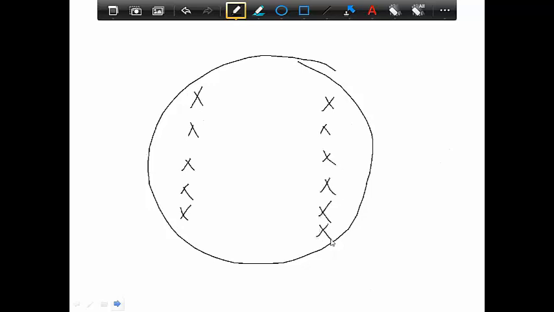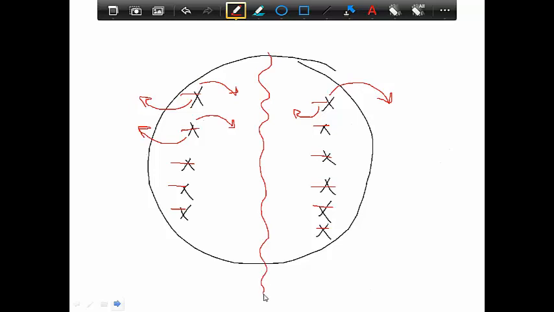We're going to snip the sister chromatids in half, the horizontal way, and then one of each half is going to get pulled apart. So one half is going to go this way, one half that way, and so forth. Then you're going to snip the other side in half, and one half is going to go this way, and one half that way. Make sure you keep these two apart, though.